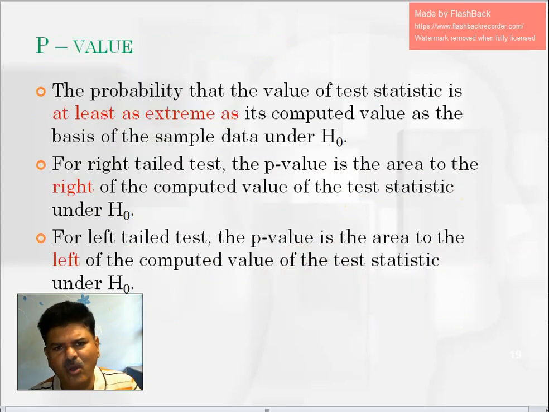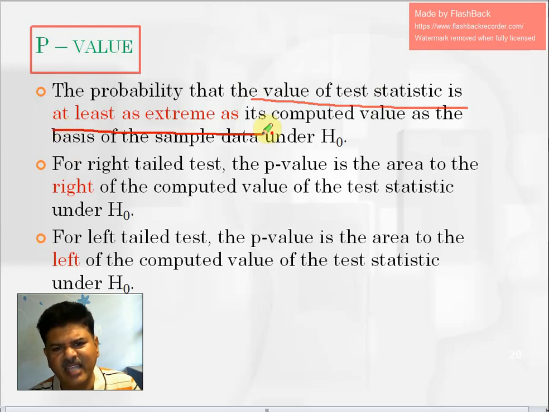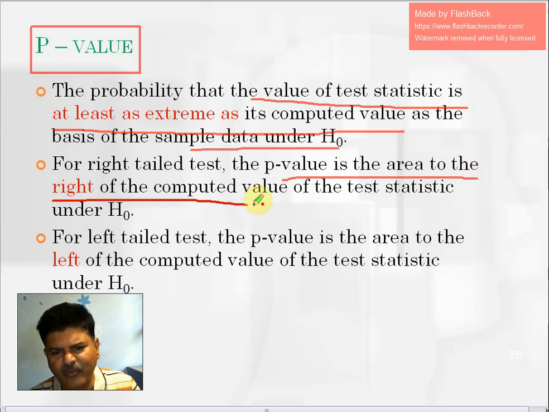Now focus on the p-value. The p-value is the probability that the value of the test statistic is at least as extreme as its computed value on the basis of the sample data under H naught. For a right-tailed test, the p-value is the area to the right of the computed value of the test statistic under the null hypothesis.